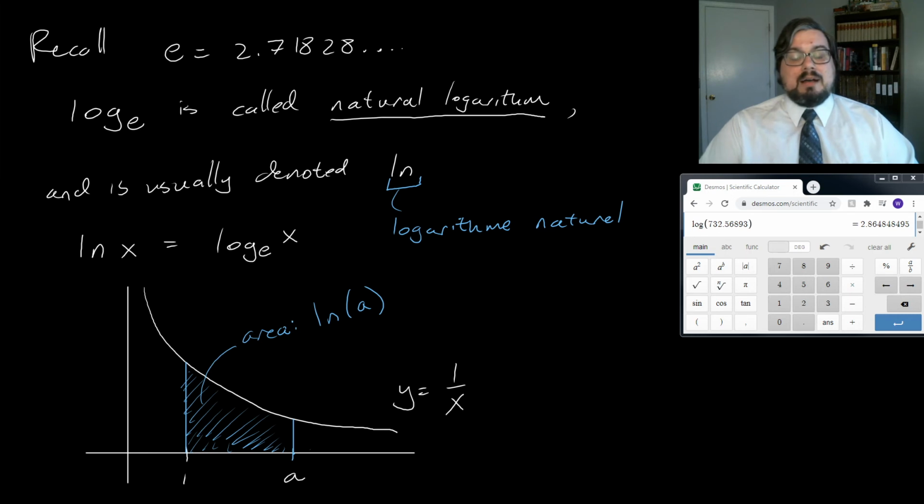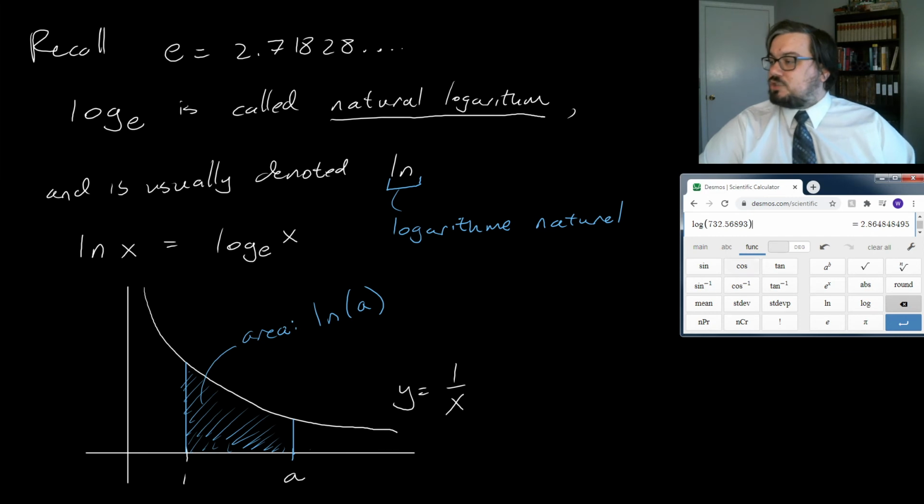Now, while we can almost never calculate the natural logarithm by hand, we can on the calculator. Most calculators include not one, but 2 logarithm functions. You can see my calculator over here has both. Just to the left of the log button for logarithm, there's the ln function for natural logarithm.